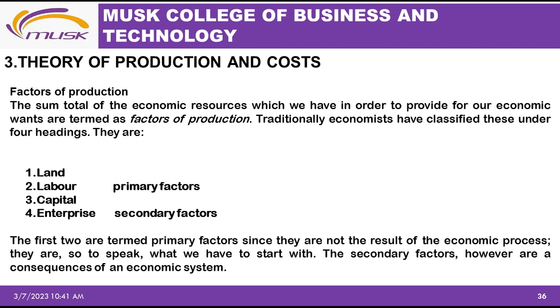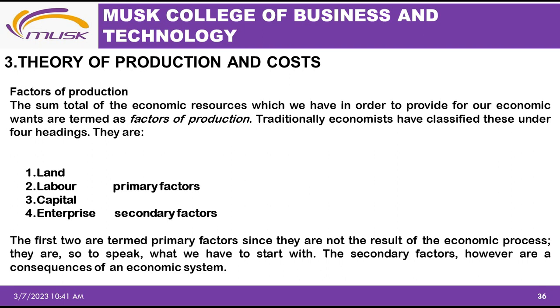And here we focus on understanding what we call the factors of production. They are economic resources which are needed in order to help in the production of goods and services. So when we combine these resources, we call them factors of production.